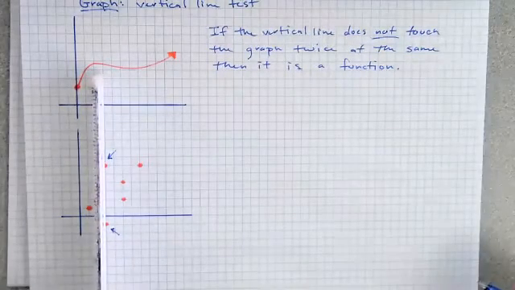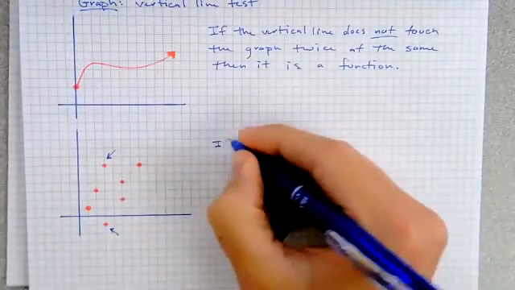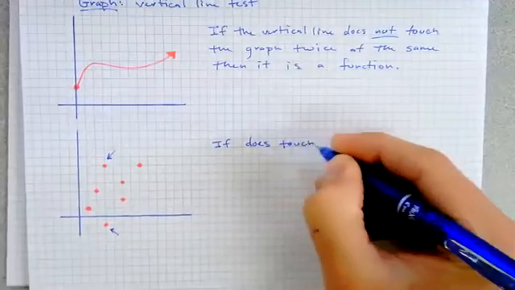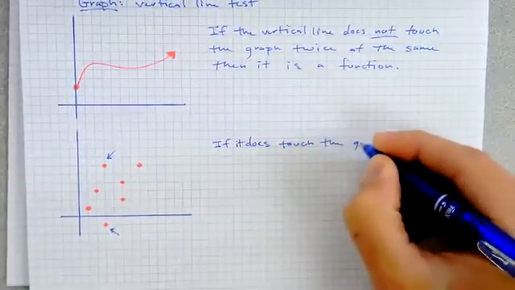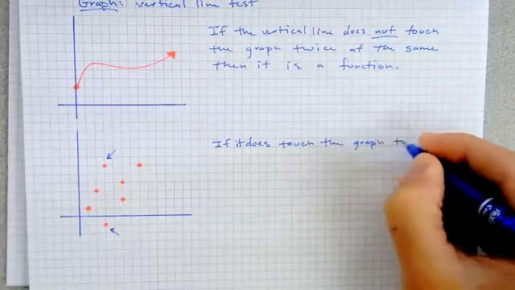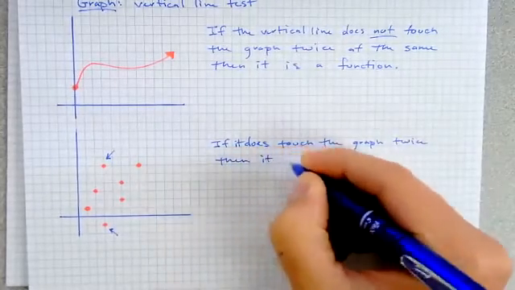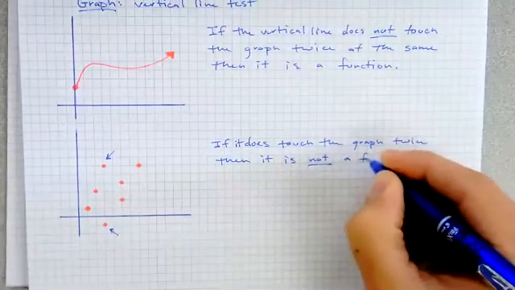Okay, that's bad. So if it does touch the graph twice, then it is not a function.